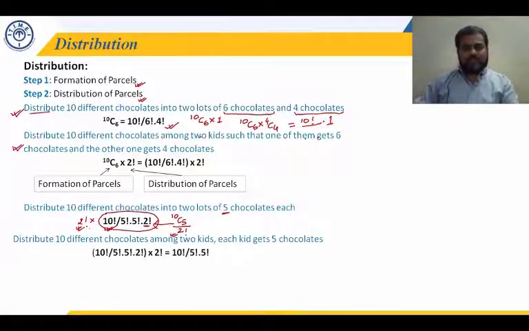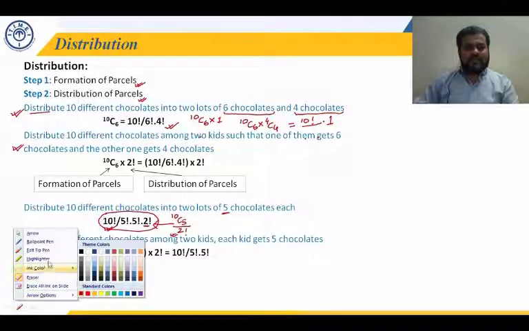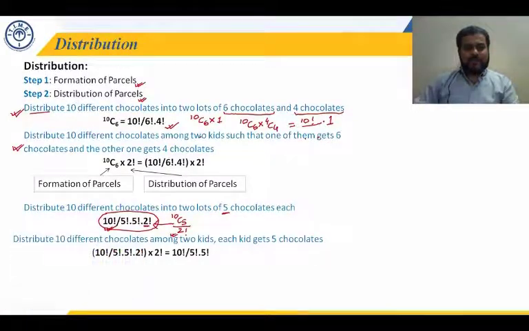So in this case, we will have 10 factorial by 5 factorial into 5 factorial into 2 factorial, and this entire thing has to be multiplied by 2 factorial also. This is for distribution of parcel.